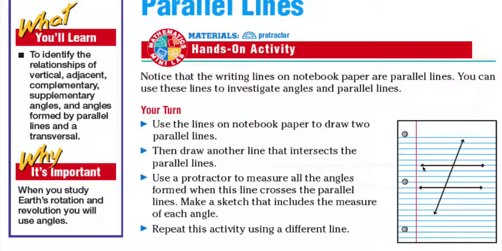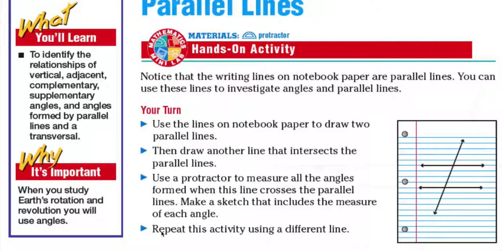Then draw another line that intersects the two parallel lines, this line right here. Use a protractor to measure all the angles formed when this line crosses the parallel lines. Make a sketch that includes a measure of each angle, and repeat this activity using a different line.